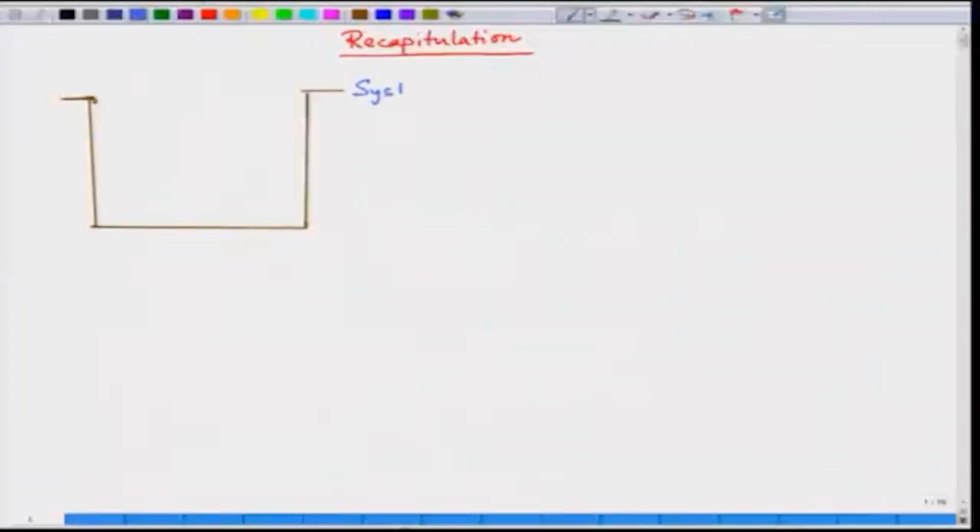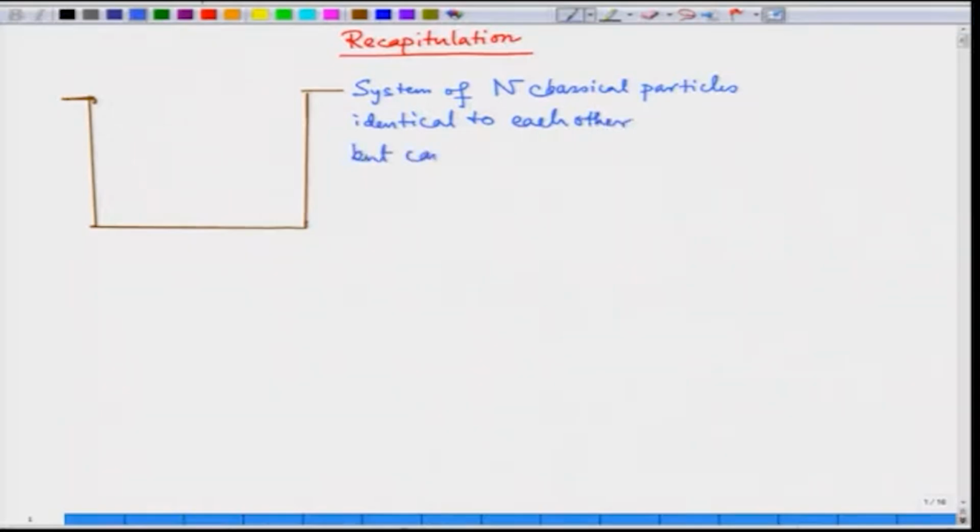If you remember, you have a system of n classical particles which are identical to each other, but can differ only in mechanical states.